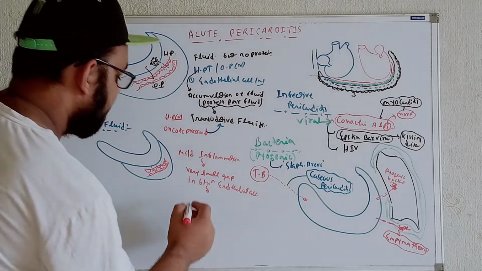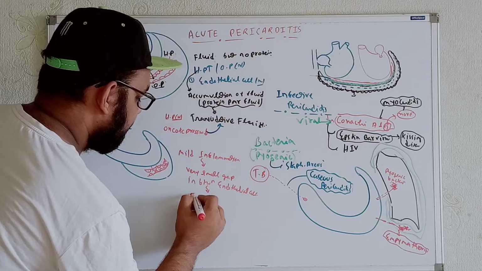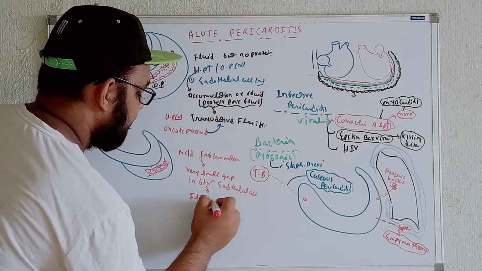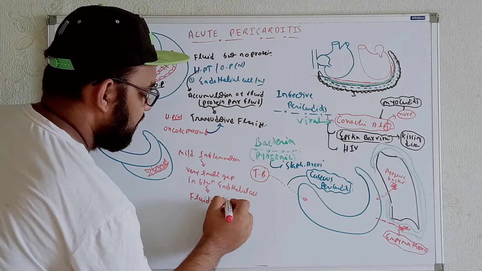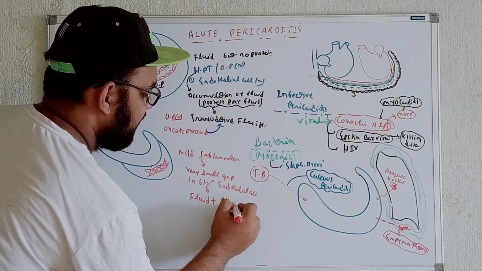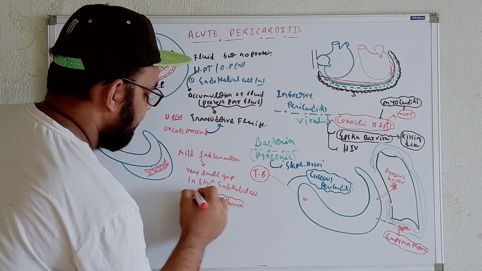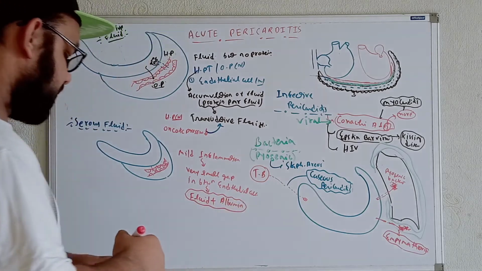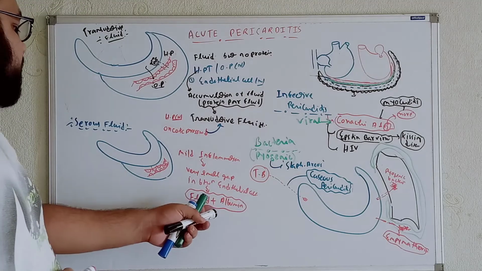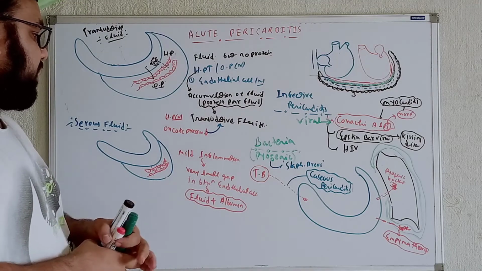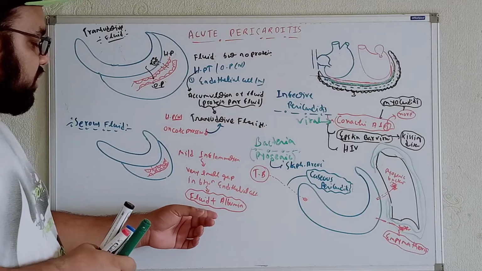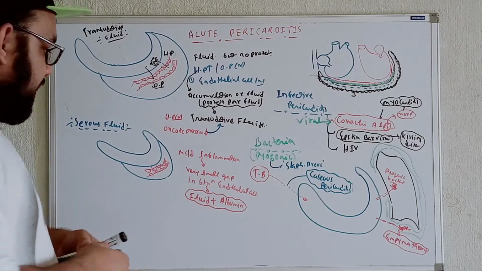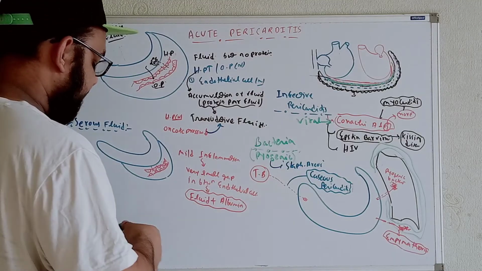So here the fluid will definitely come over, along with a small amount of small-sized protein, for example the albumin. Whenever we get small-sized protein like albumin along with the fluid, in mild inflammation, this type of fluid is known as serous fluid.